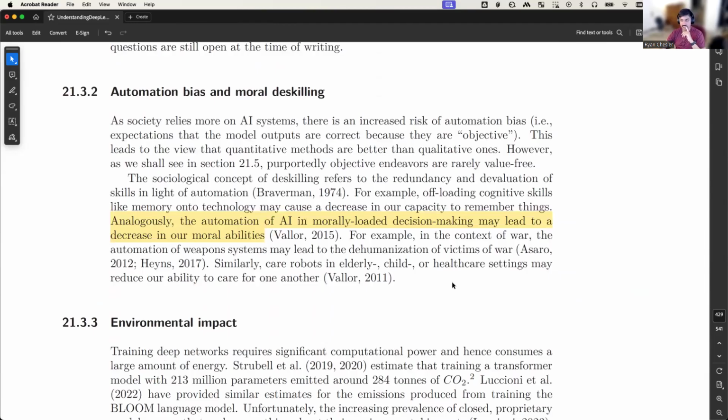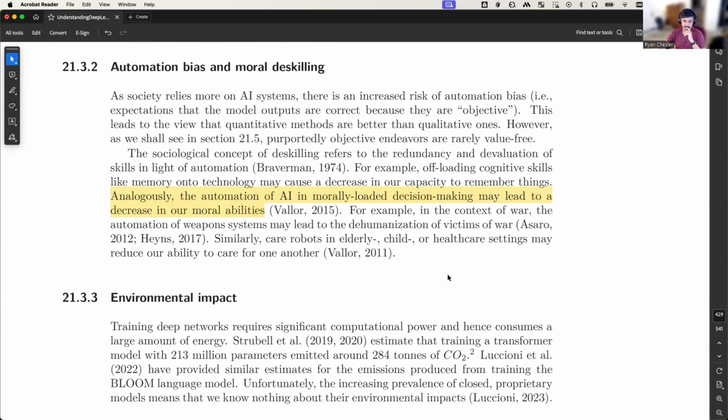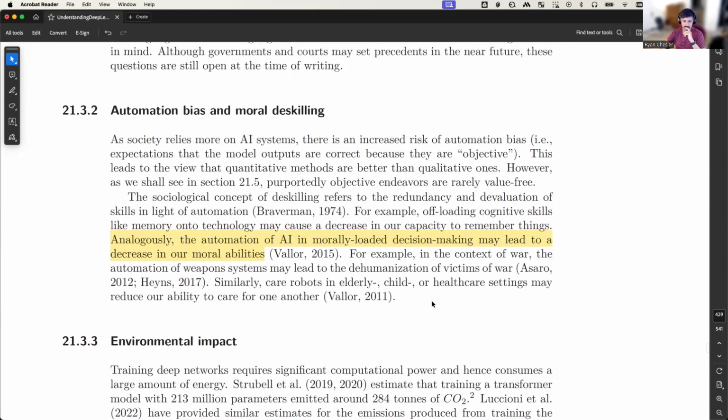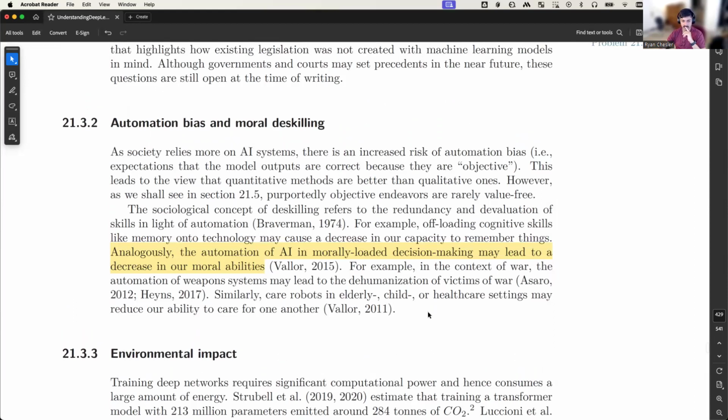One of the interesting things that they pointed out in here was this idea of moral deskilling and automation bias. The idea is that as we get things more automated and the AI might take some decisions away from us, we might lose some of our moral abilities because we don't have to make those kinds of decisions as often.